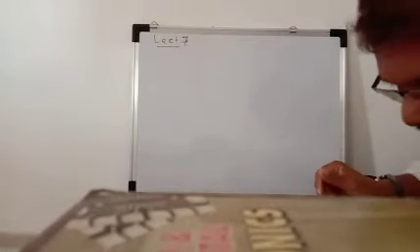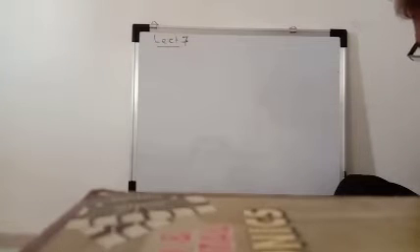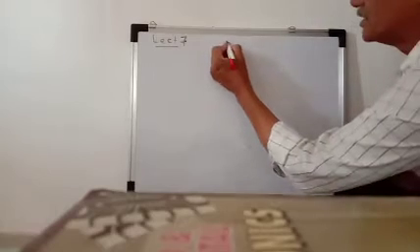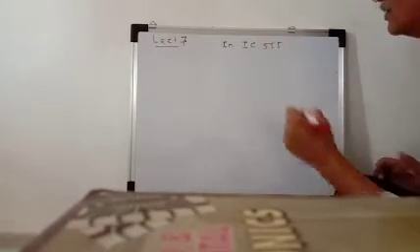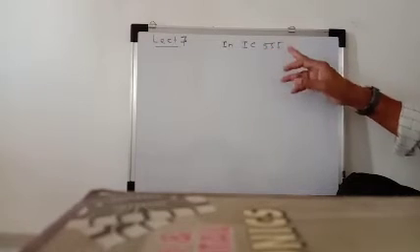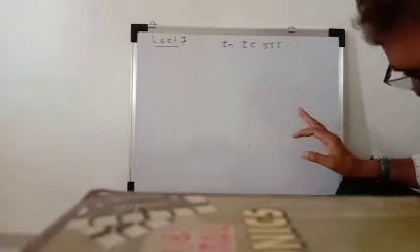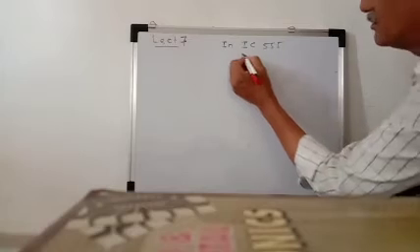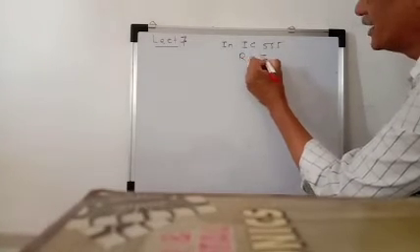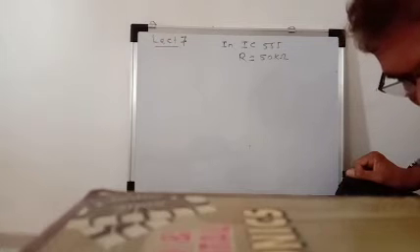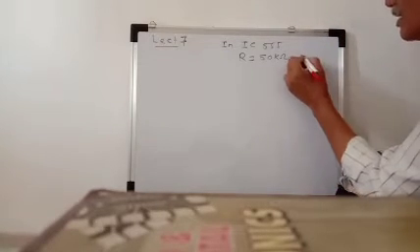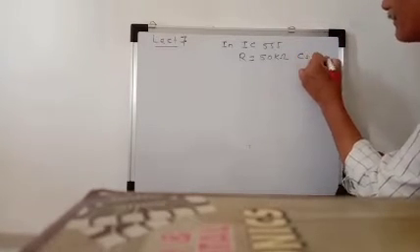Take one example. In an IC 555 used here as a monostable multivibrator, a resistance R is given by R equal to 50 kilo ohm, and it is connected with a capacitor of 100 microfarad.